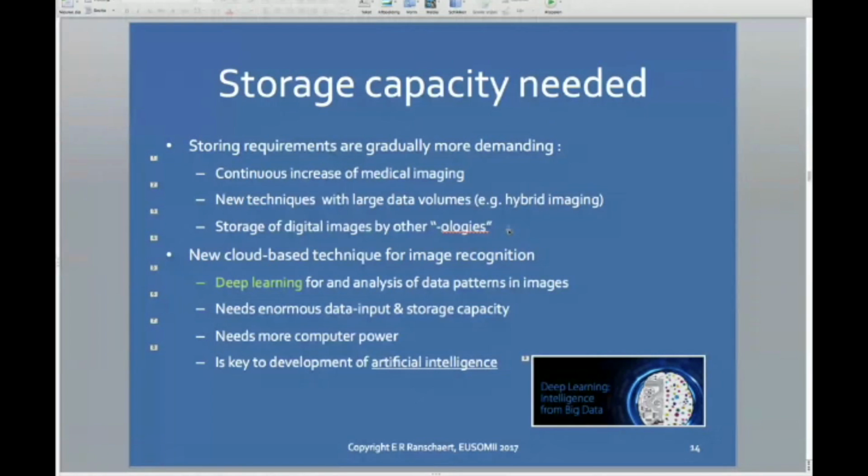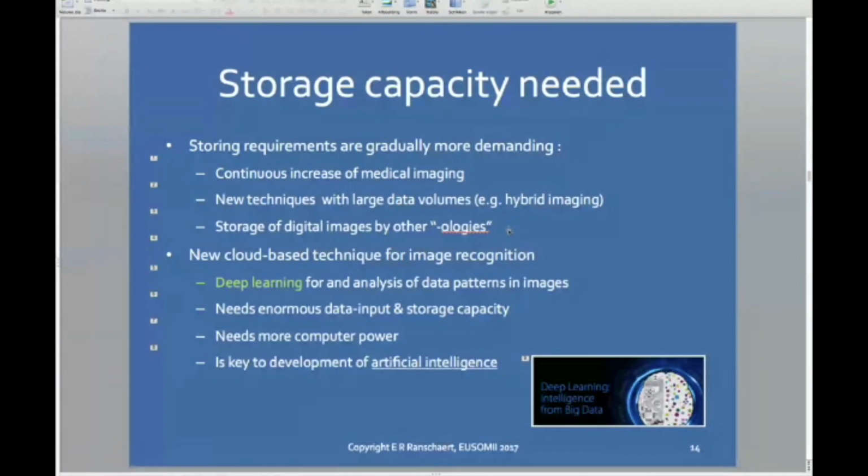On the other hand, we also need more storage capacity for allowing new cloud-based techniques that are working on image recognition. If we want to apply deep learning techniques, then we need a lot of images. These software developments do need a lot of radiological images.